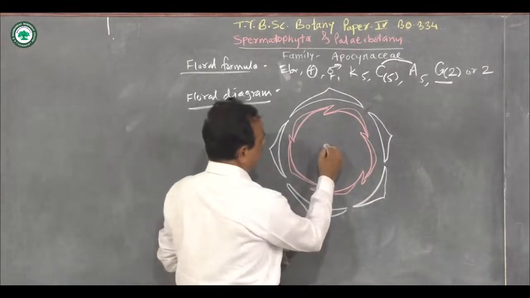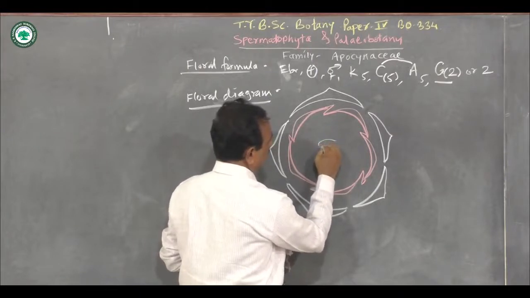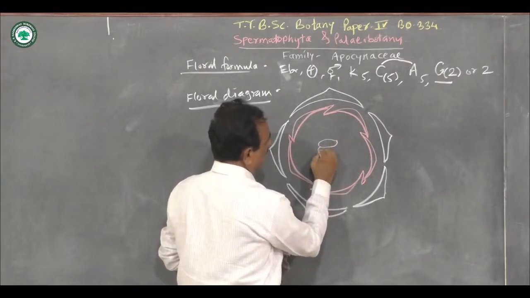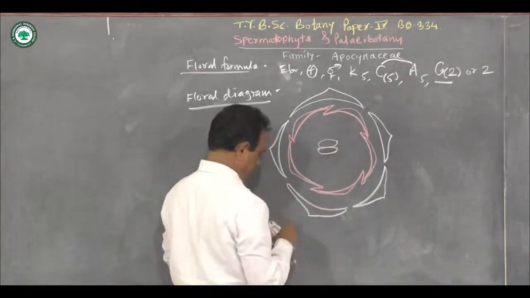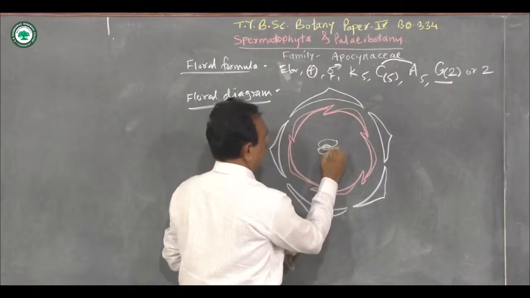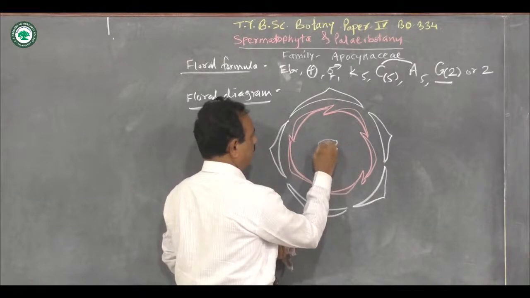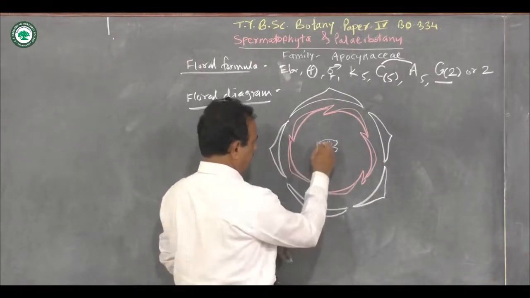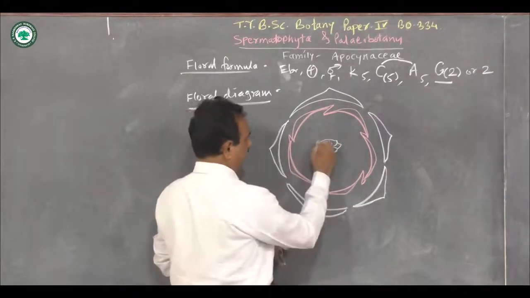Then if you see the androecium and gynoecium, here this is one carpel, this is another carpel, and here there is a presence of the placentae where the ovules are attached on the marginal placentation, and there is this part, that is the nectary.